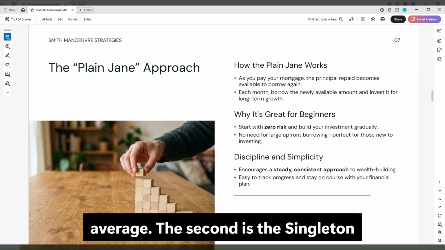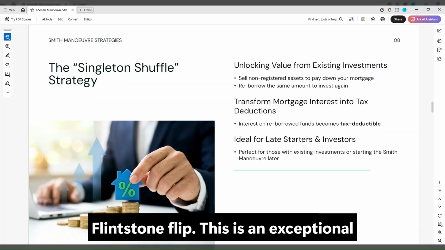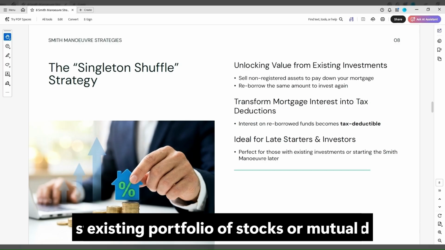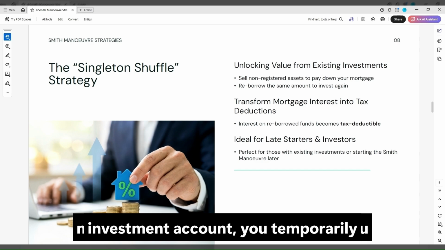The second is the singleton shuffle, occasionally referred to as the Flintstone flip. This is an exceptional strategy if you already own an existing portfolio of stocks or mutual funds inside a standard non-registered investment account.